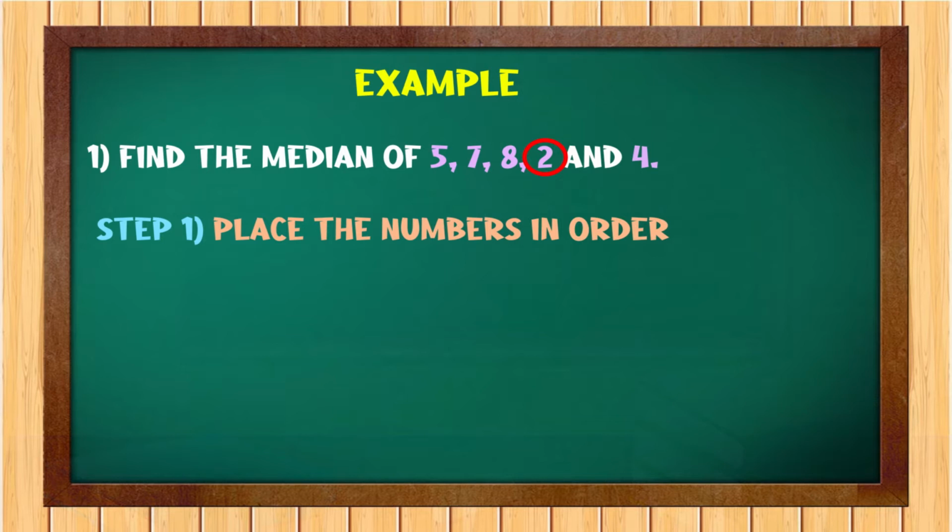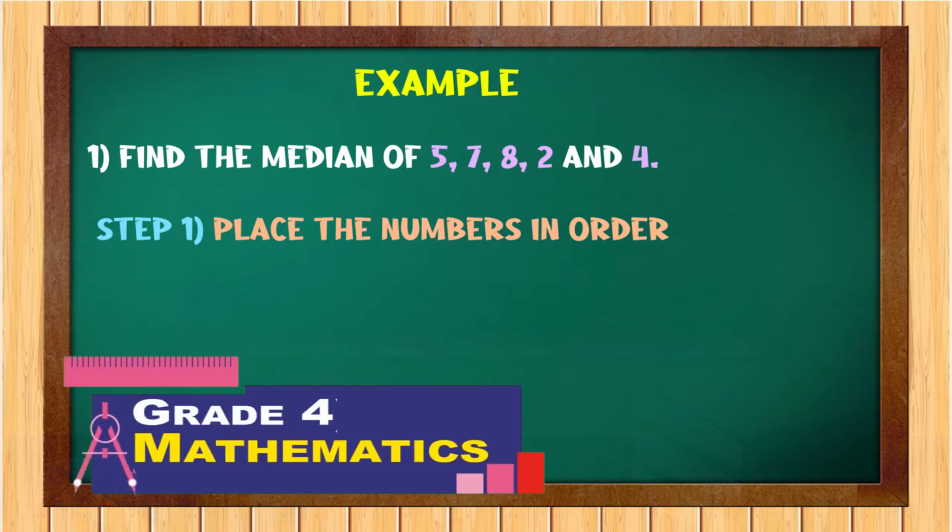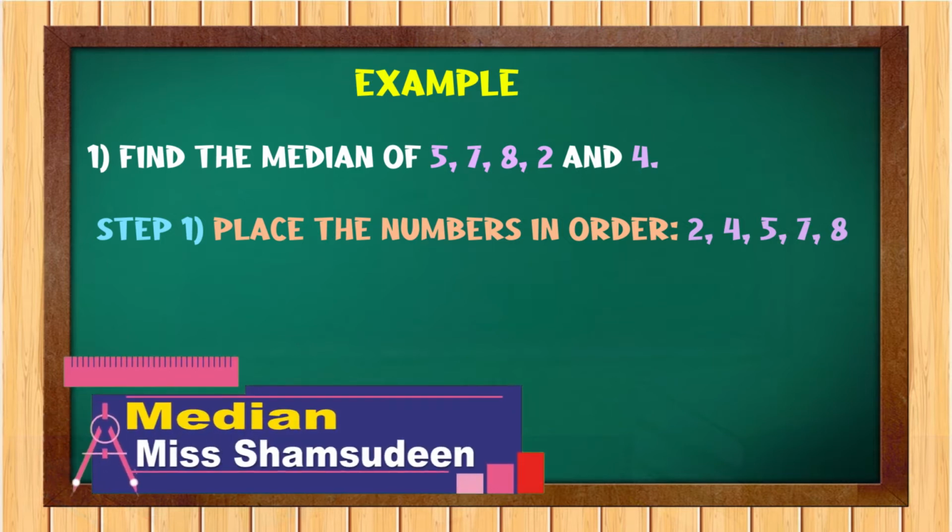After 2, we get 4. Then we get 5, 7, and then 8. So our numbers in ascending order would be 2, 4, 5, 7, and 8.